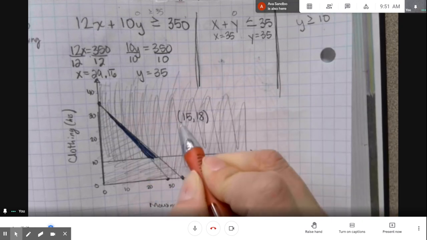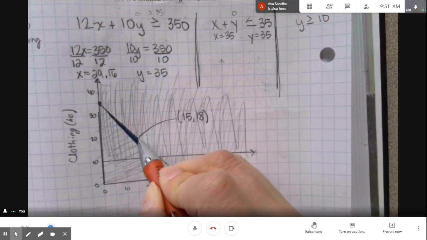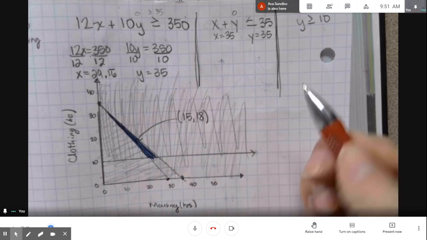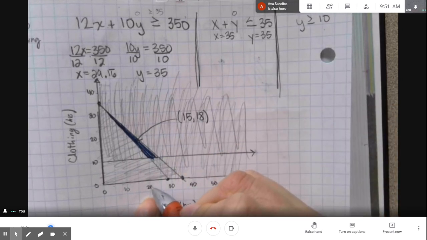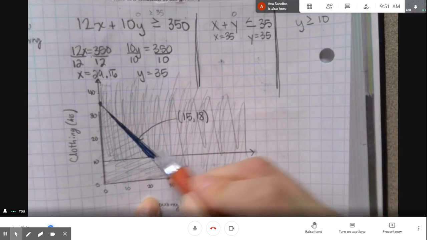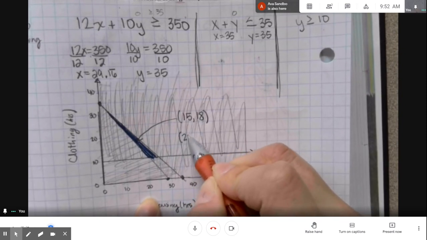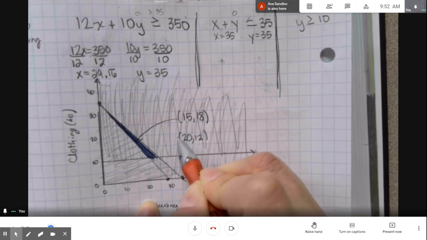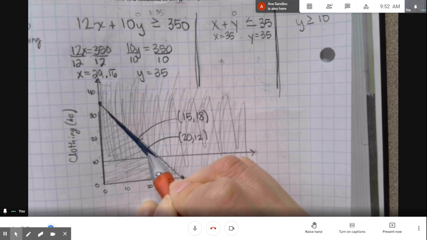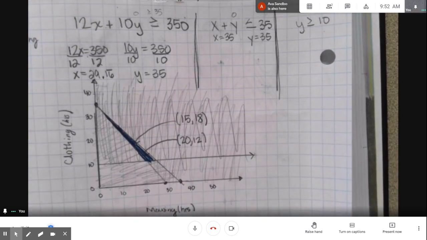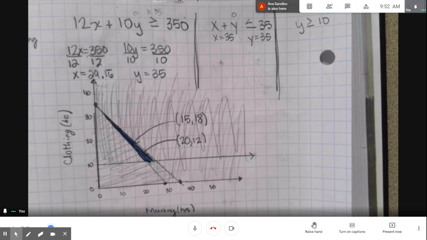Looks like it would sit right in here. And 20, 12 looks like it would sit right in here. Those are possible solutions of amount of hours I could work at each given job if it asks me for possible solutions.